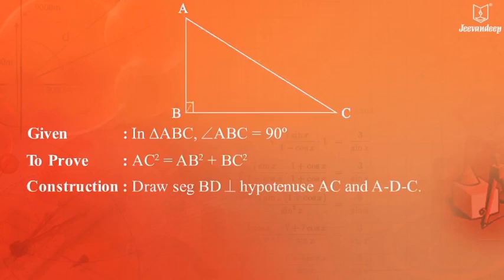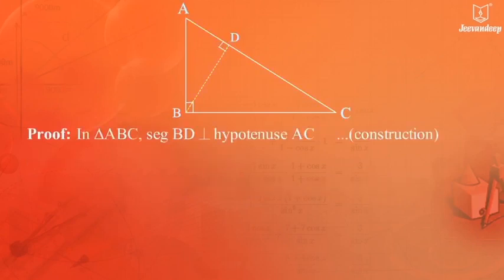Construction. Draw segment BD perpendicular to hypotenuse AC, getting straight line ADC. Proof. In triangle ABC, segment BD is perpendicular to hypotenuse AC by construction.